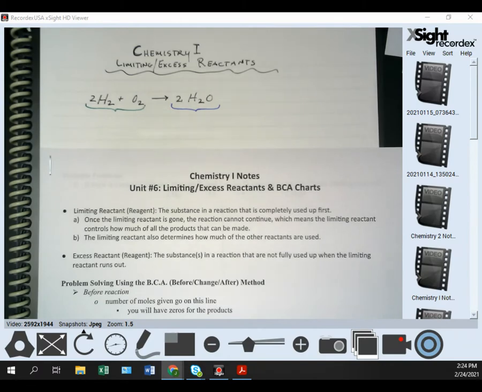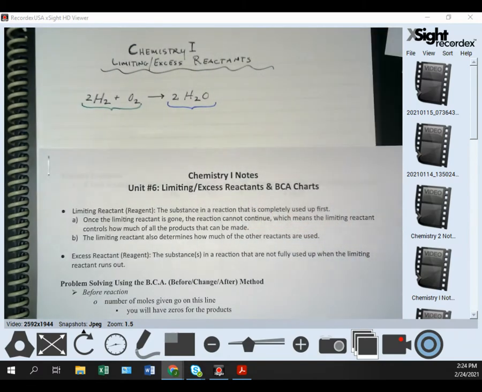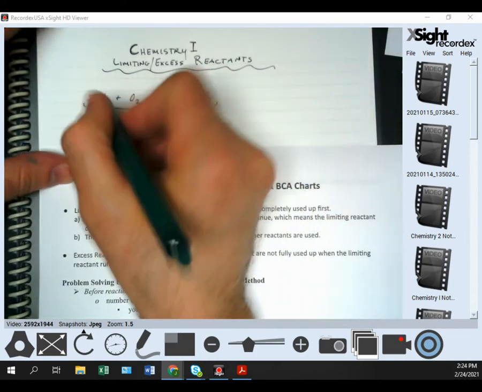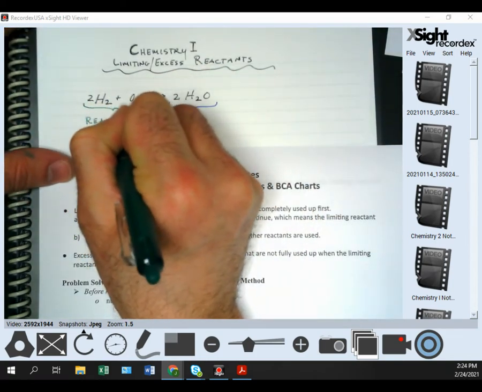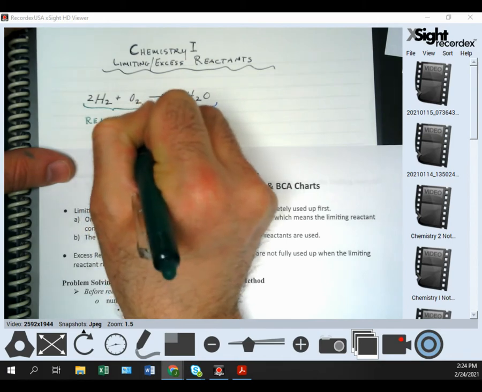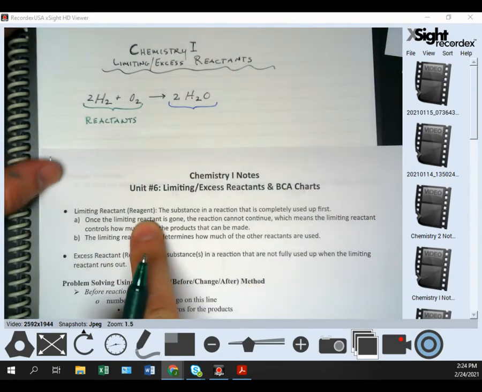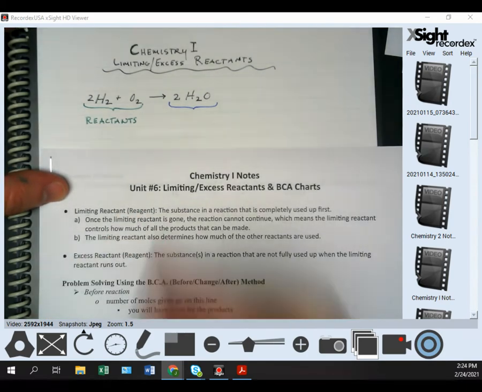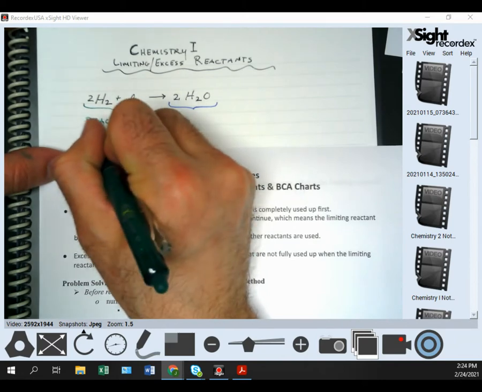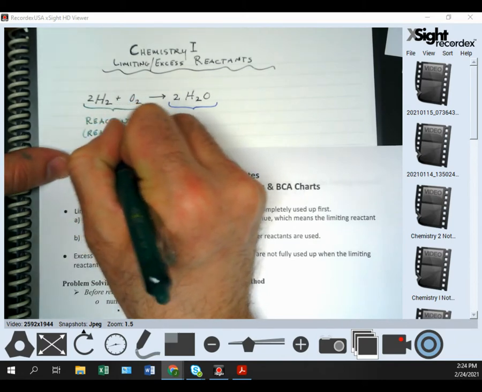And yes, I will post this online as well. So we call these the reactants. Now, if you look at your paper, there's a word that's reagent. That's the same as reactant. So if you see the word reagent, that means the same thing. So reactant or reagent.